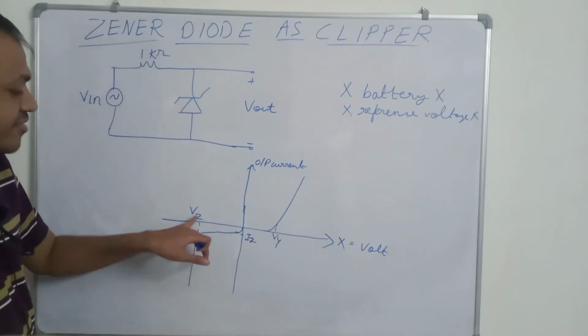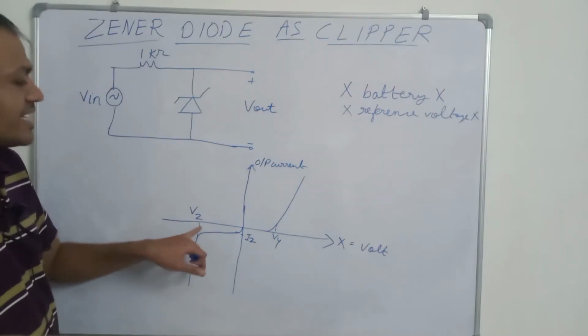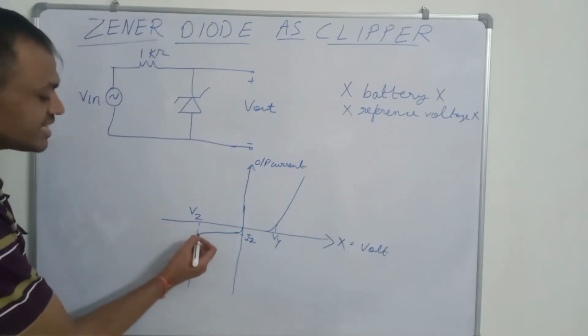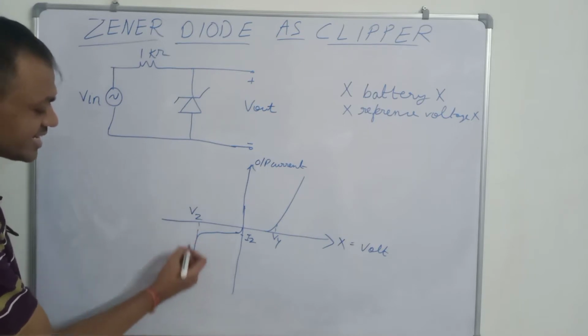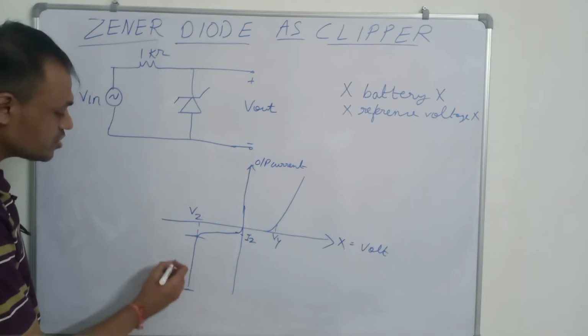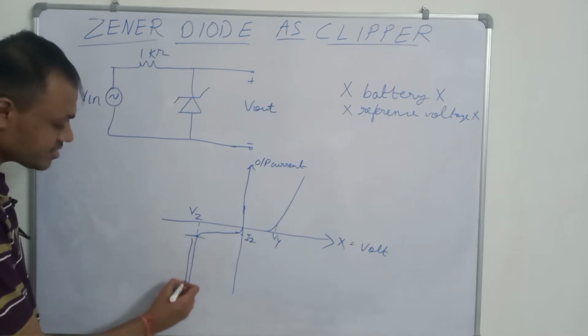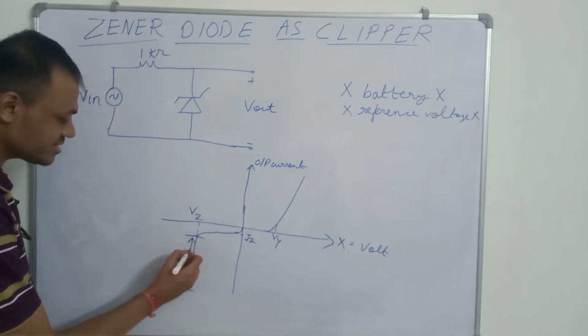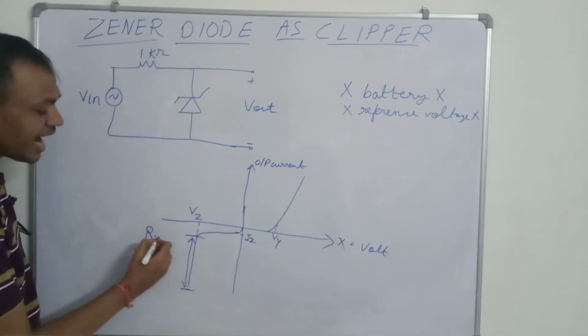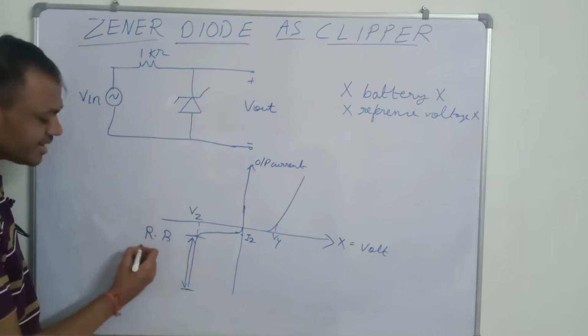Then at Vz, which is called the reverse bias breakdown voltage, the current suddenly increases. You can see that the current is suddenly increasing from here to here. So this region is called reverse bias with breakdown.